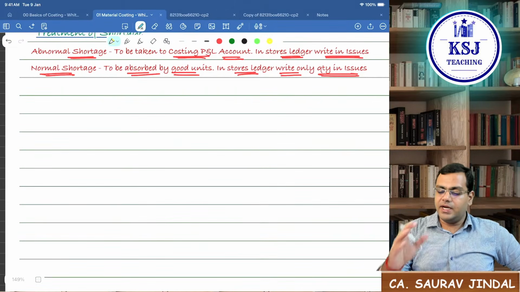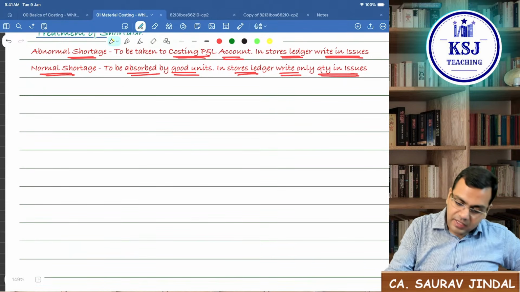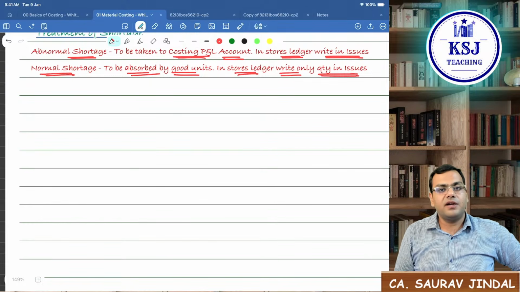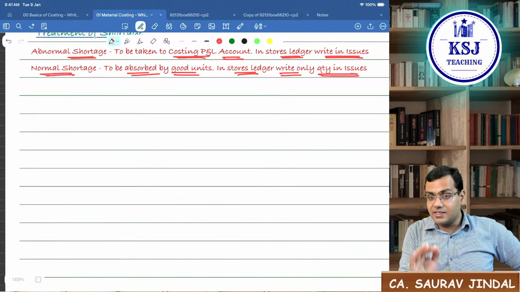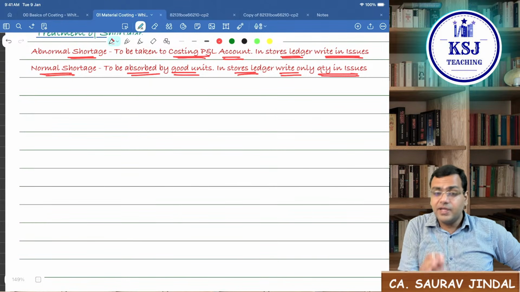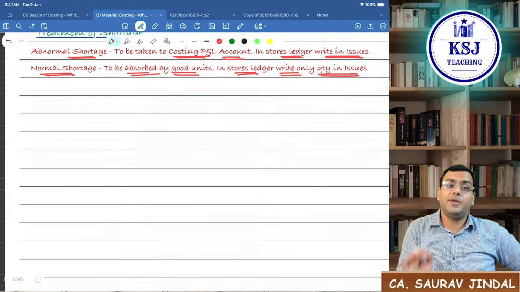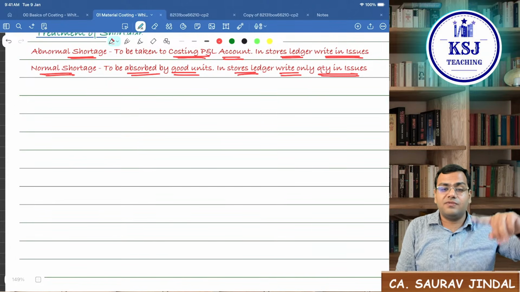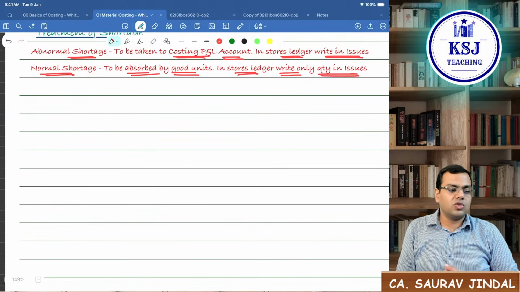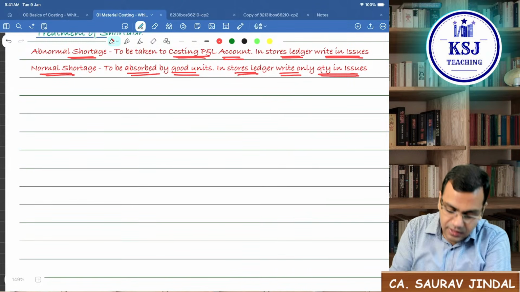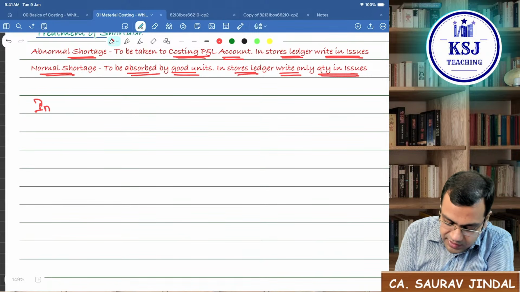Another important point in the stores ledger: we will record only those transactions which involve the inflow or outflow of material from the store. If material is being transferred from one job to another job, it will not be recorded in the stores ledger.